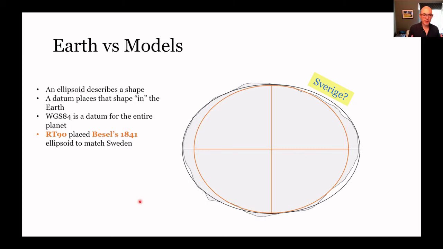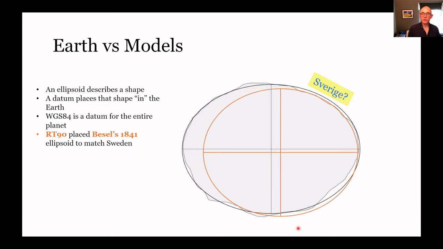You have data that's based in the RT90 system, and RT90 is a coordinate system whereby you take Bessel's 1841 model of the Earth, this sort of orange ellipsoid, and you move it so that it suits Sweden, so its surface matches as best as it can the surface that you're interested in, in this case Sweden.